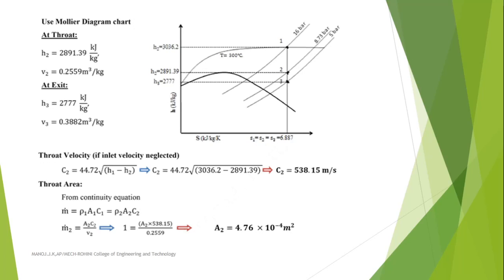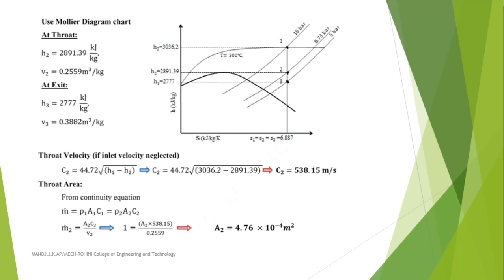H1 and h2 we found in the previous steps; by applying those values, we will get the value of C2. The actual formula for C2 is root of 2000 into h1 minus h2 into the efficiency of the nozzle.